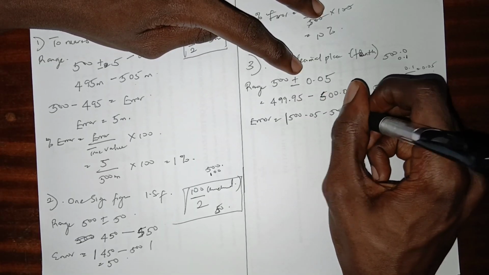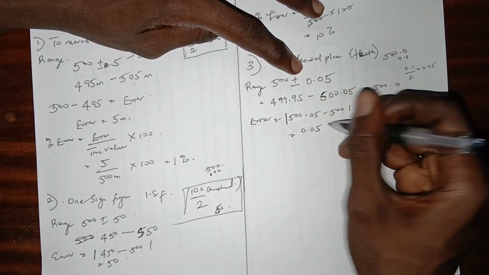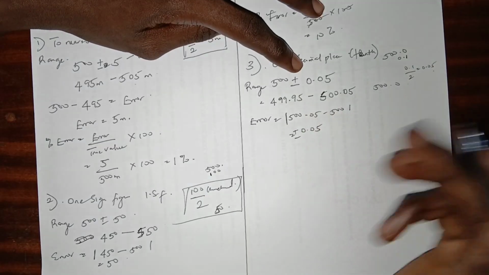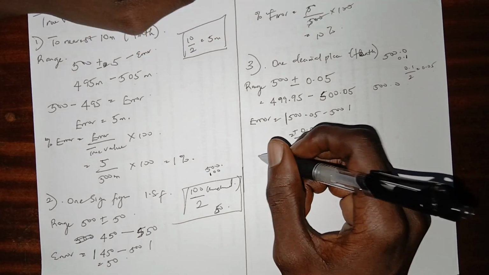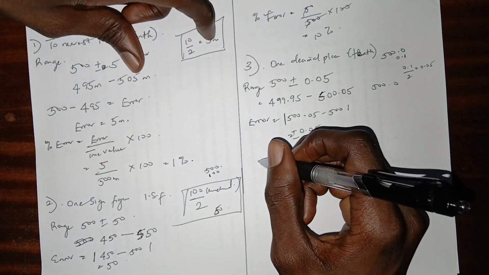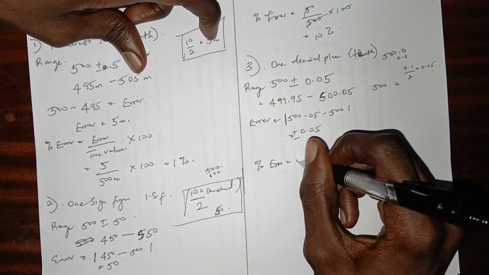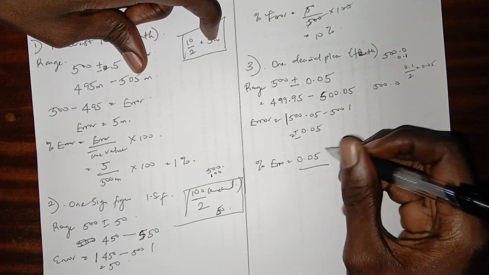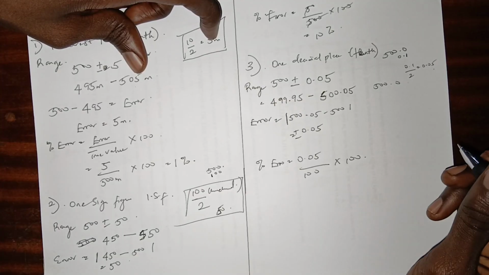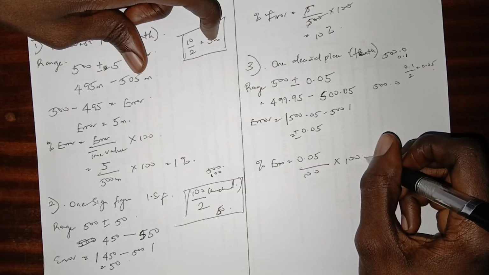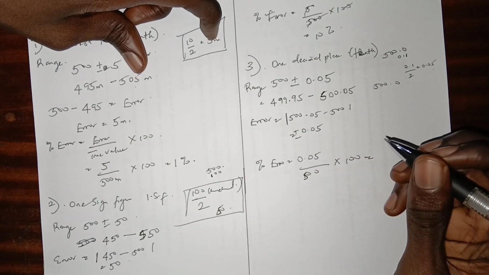Note this can be plus or minus, but since it's absolute, it's most likely plus. Then you use your formula: percentage error is equal to error, 0.05, over 500, times 100.